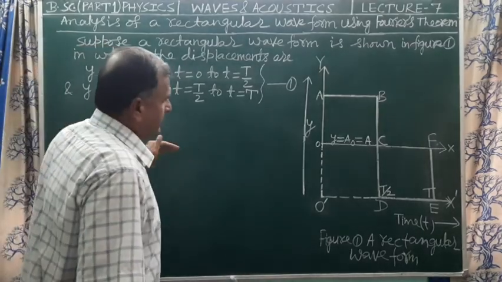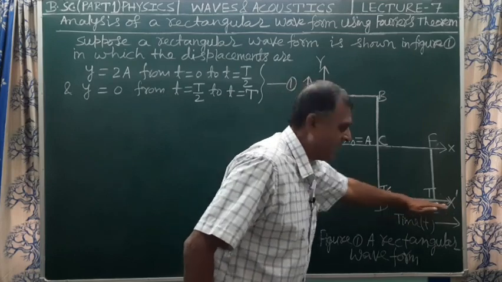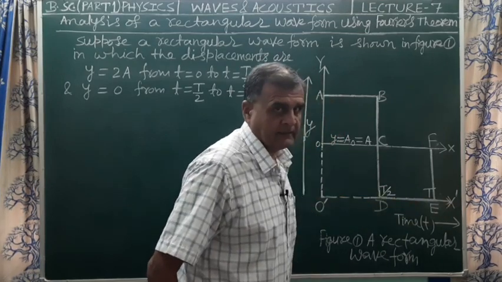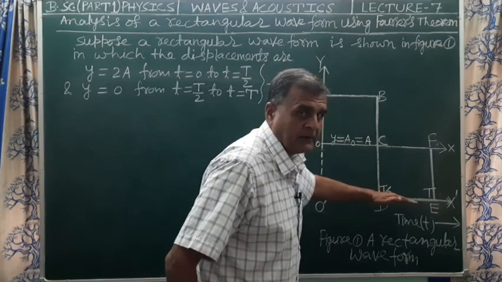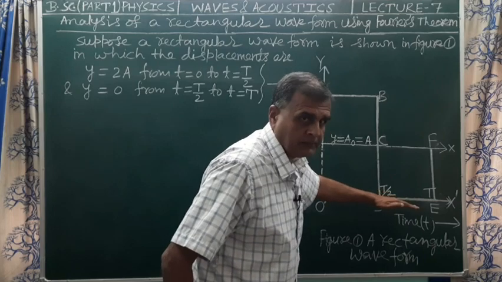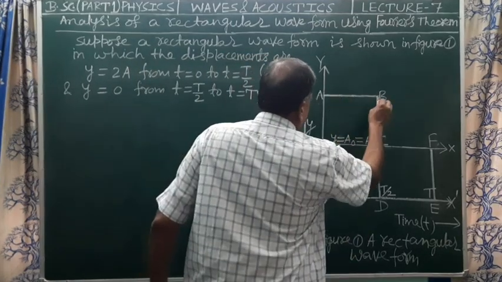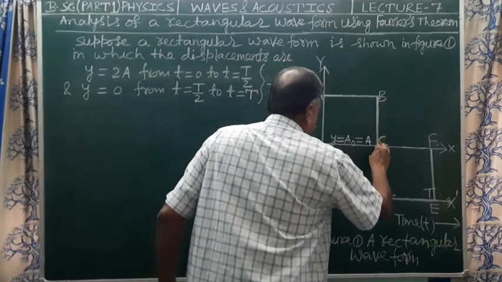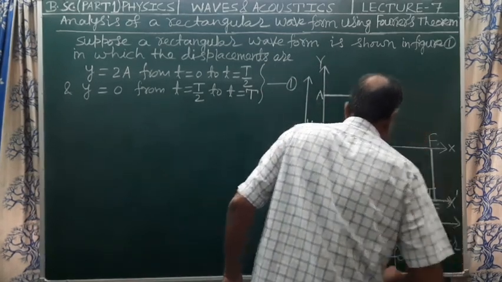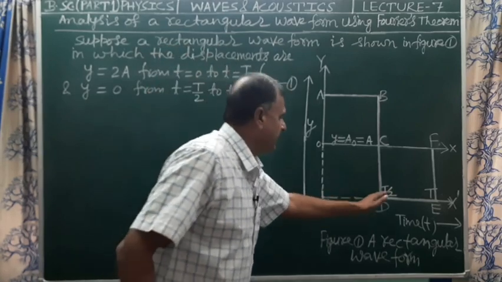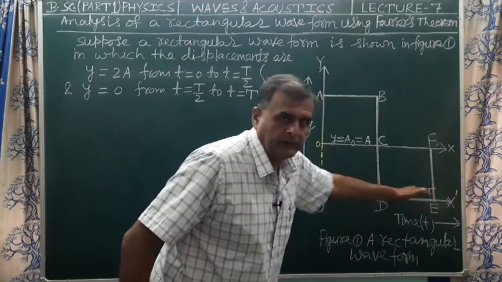And the displacement of the waveform is y equal to 0 along the time axis O dash X dash. The time axis is taken from the lowest part of the rectangular waveform, which is D. So the displacement of this rectangular waveform is 0, that is y equal to 0 between the time interval capital T by 2 to capital T. This is shown in figure 1.